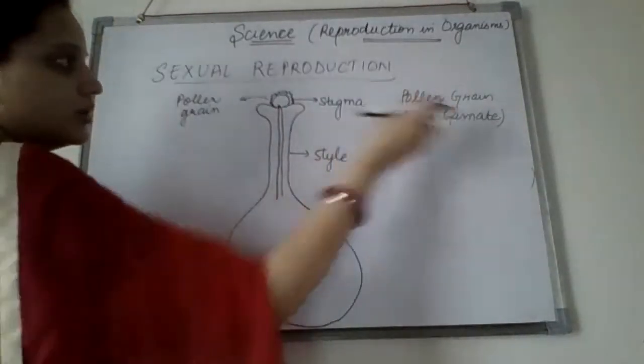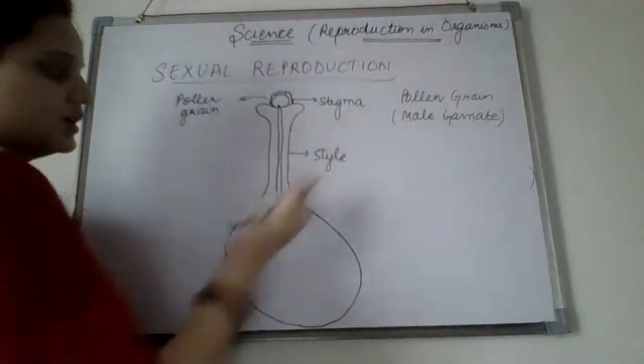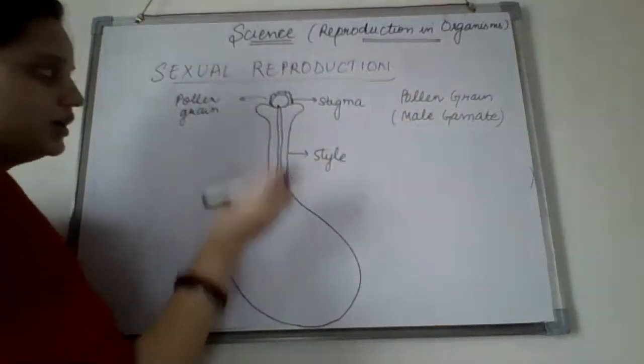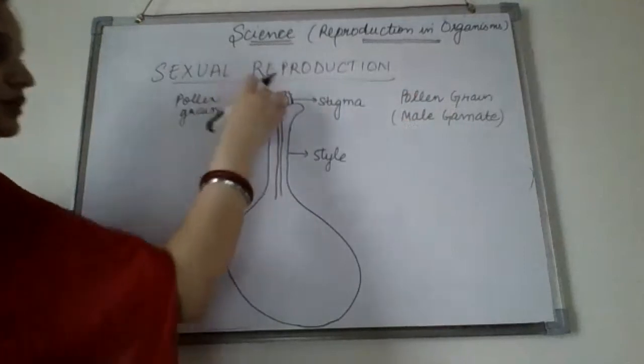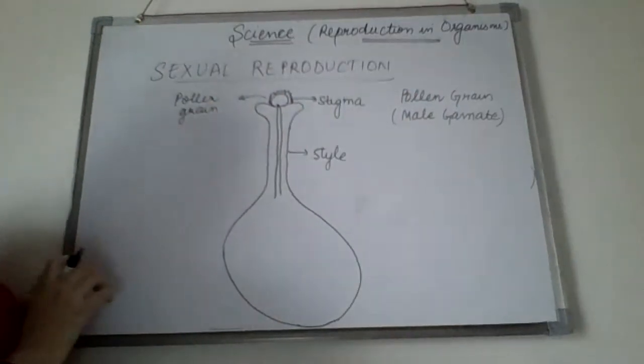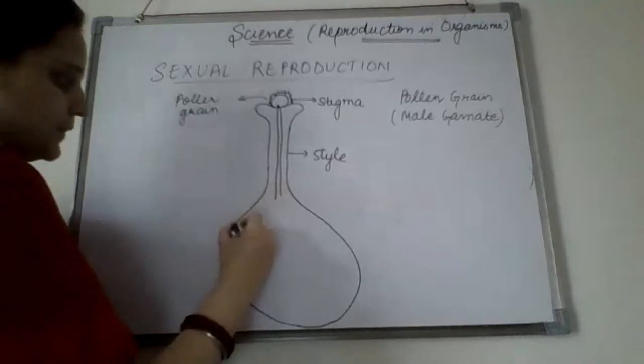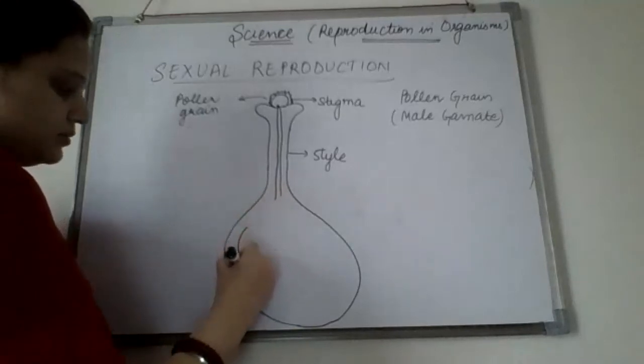So pollen grains will be containing the male gametes that I'll be showing here. But you should assume that these pollen grains contain the male gamete. So let's draw the diagram.